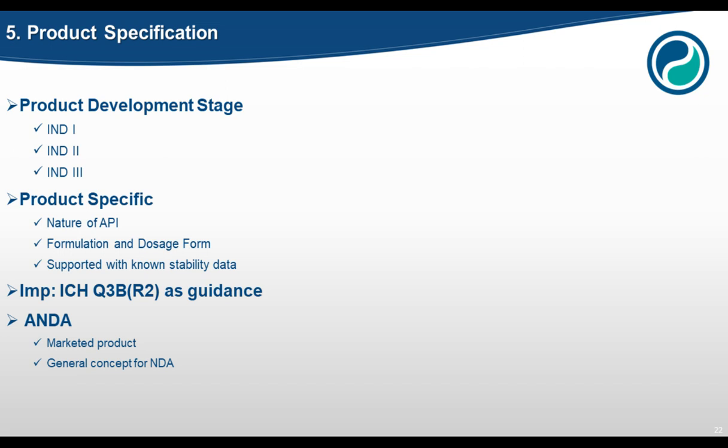At this early stage, for most of the specification limits, we can simply use report for information. However, for assay, we can use a limit of 90.0% to 110.0% for clinical trials intended to be conducted in the USA. If you want to do the clinical trials in European countries, a potency specification of 95.0 to 105.0% label claim should be set up.